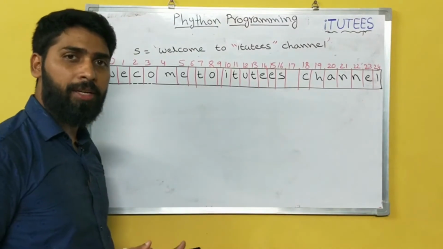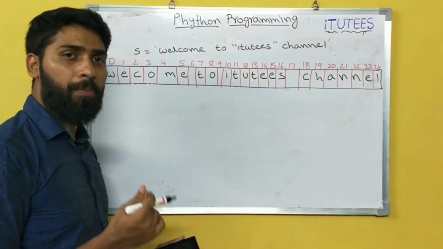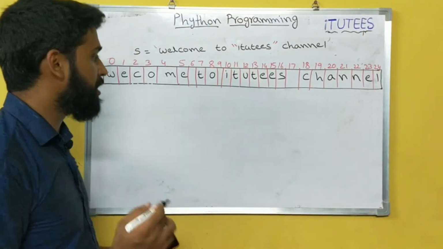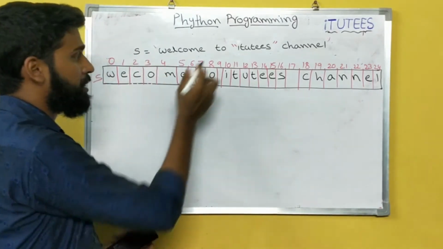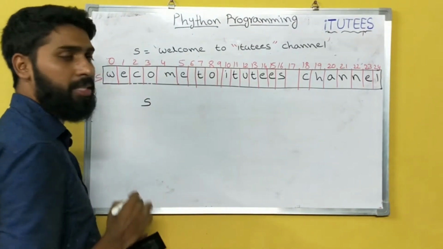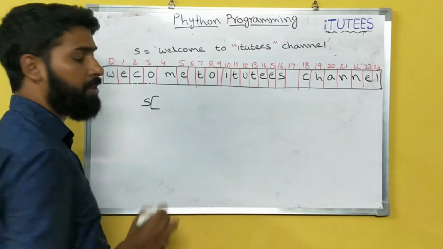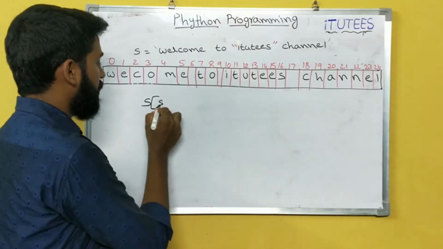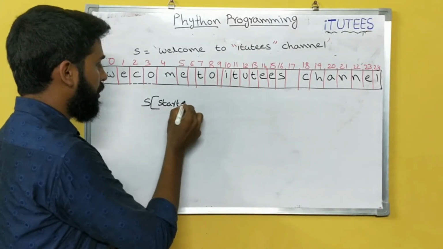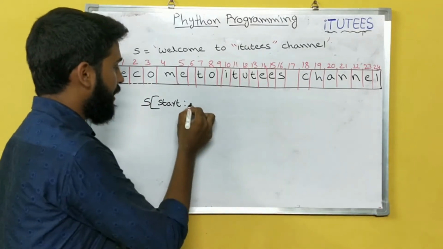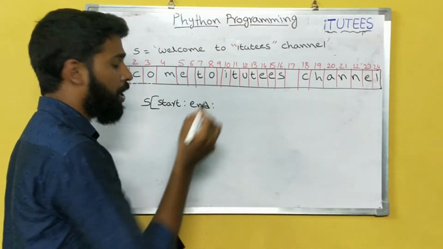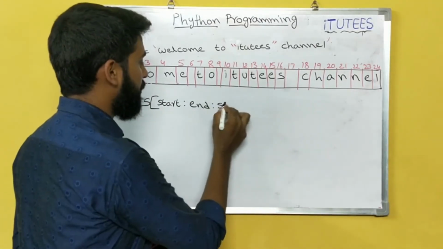In the string data type, the elements are retrieved by using string slicing. String slicing is nothing but: what's the string name here? Yes. After that, you give start index, colon, ending index, colon, step.